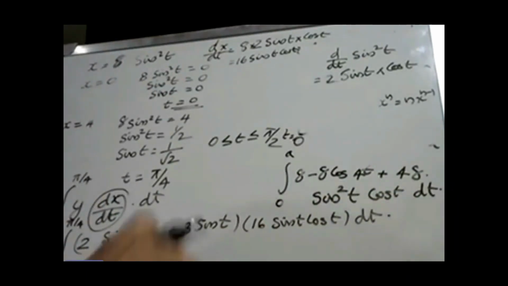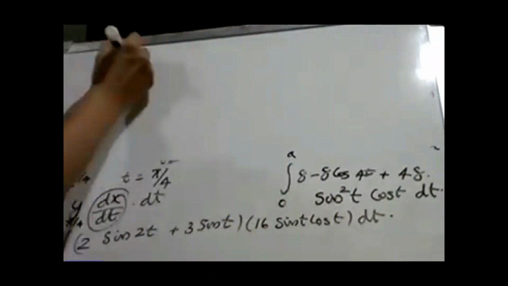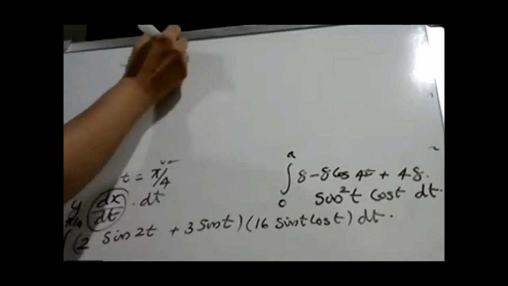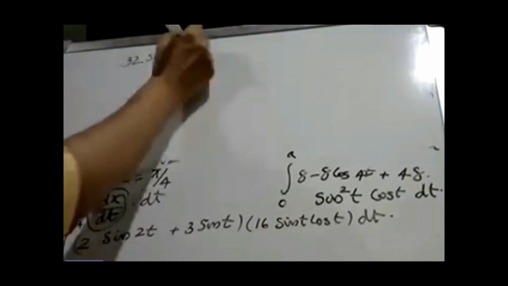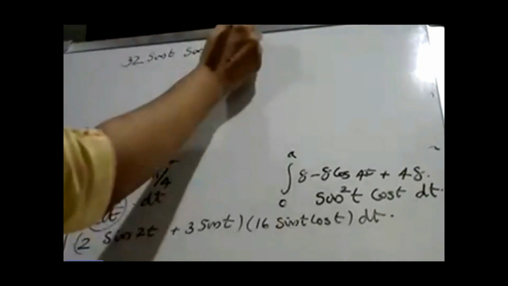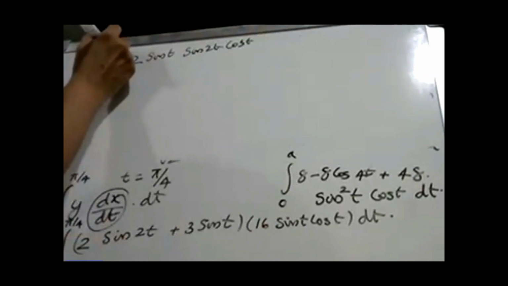The next thing I have to do is arrange this into a particular form. When I multiply each term, 2 times 16 is equal to 32, sin 2t and cos t, with the integral from 0 to pi over 4.